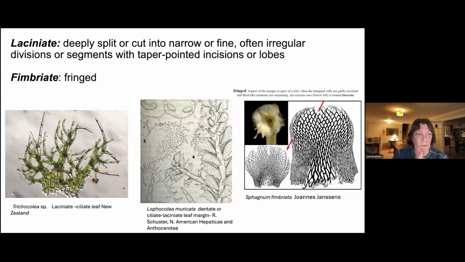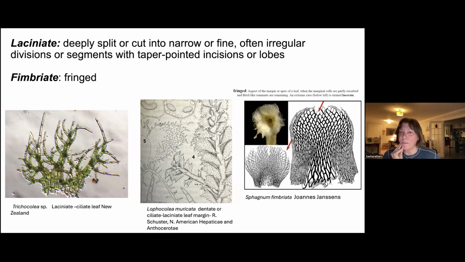This picture happens to be from a New Zealand one, where you have these sort of lobes or deep cuts and then cilia off of them. And then a rather rare liverwort in Eastern North America is Lophocolea muricata, which also has cuts in the margin, not very irregular, not really like lobes, although they're sort of like lobes, and then it has cilia along the edge.